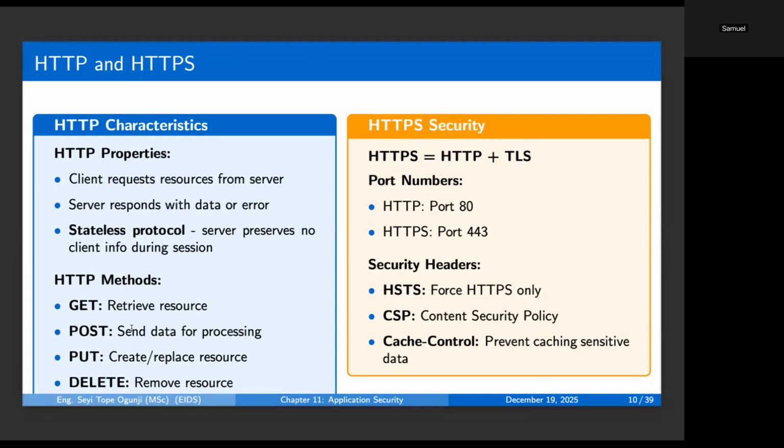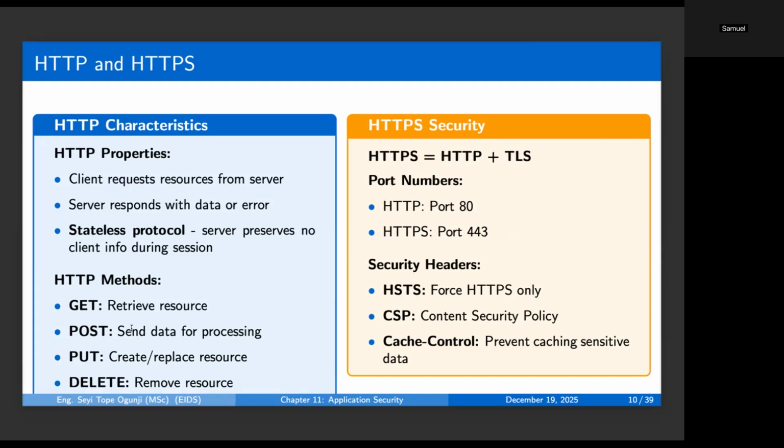Post, we say, here is some information. So like you are filling out a form. Then put, we say, save it here. So like, for instance, you're uploading a file. Then delete, we say, remove this. Then add will say, just tell me about this, don't send it. So you are checking if a package exists. So those are the methods: the get method, the post method, the put method, the delete method, and the add method. That's how HTTP operates.